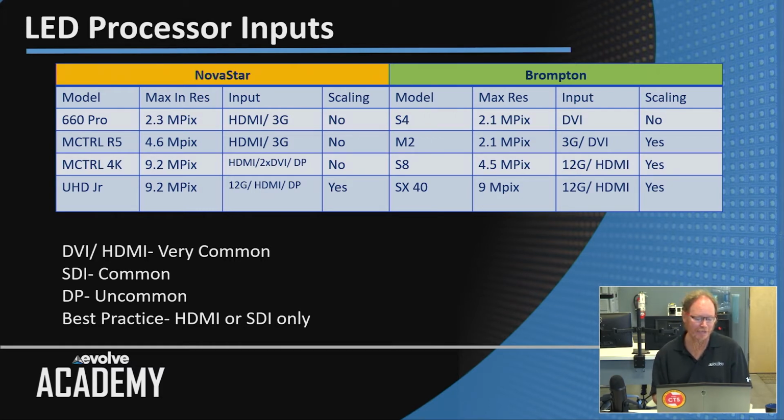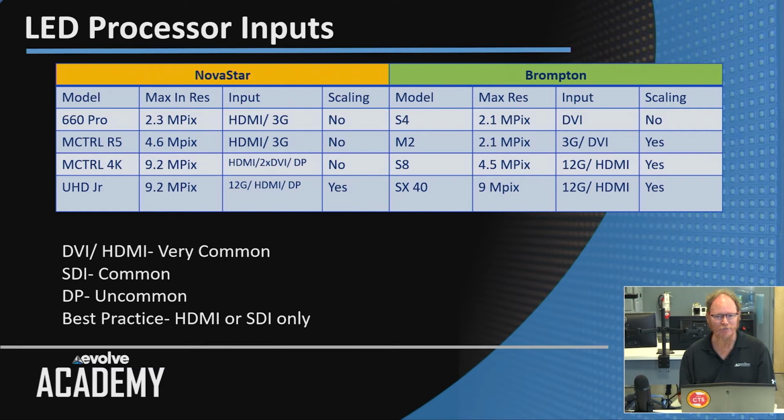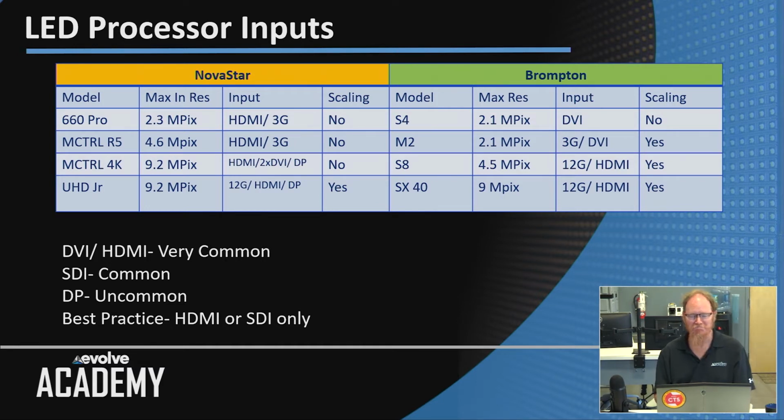What that tells me is avoid DisplayPort as your connector because most processors don't have it. So if you're designing a LivePremier or planning a LivePremier purchase or planning a rental, specify, hey, I need HDMI or 3G output cards, or HDMI or SDI output cards.